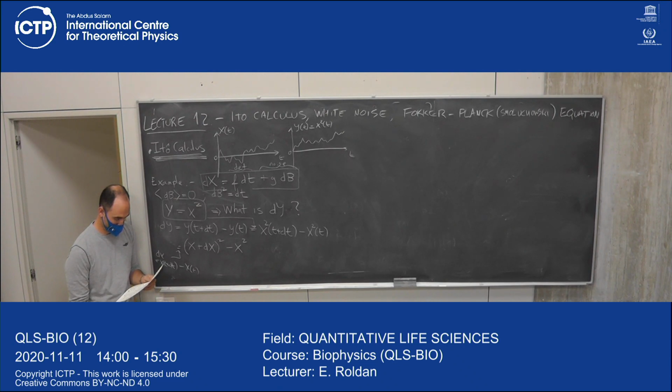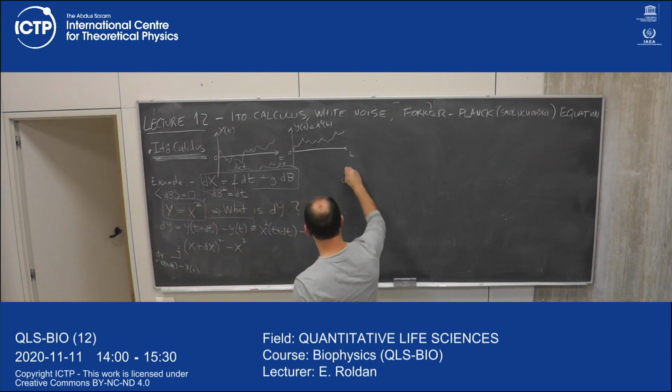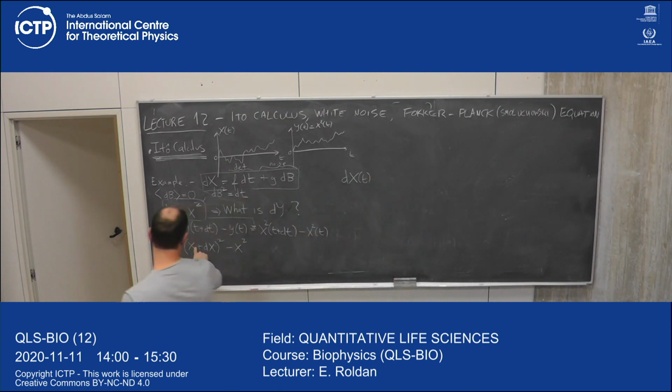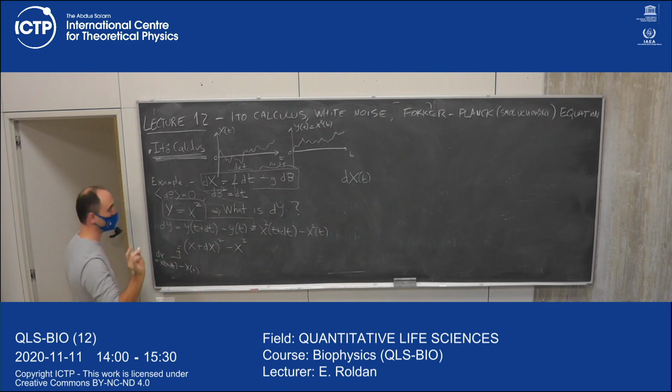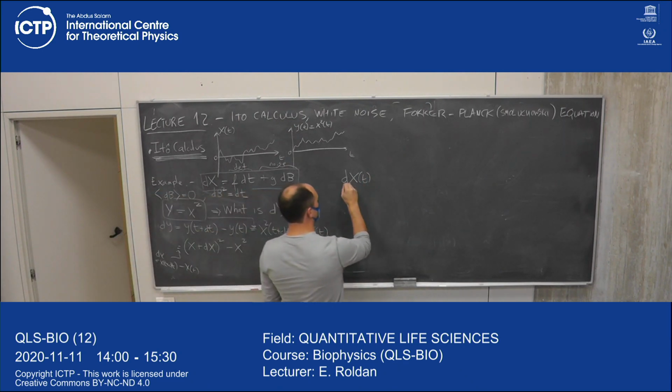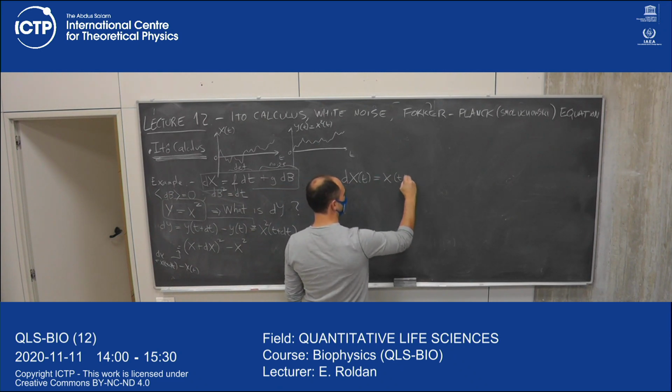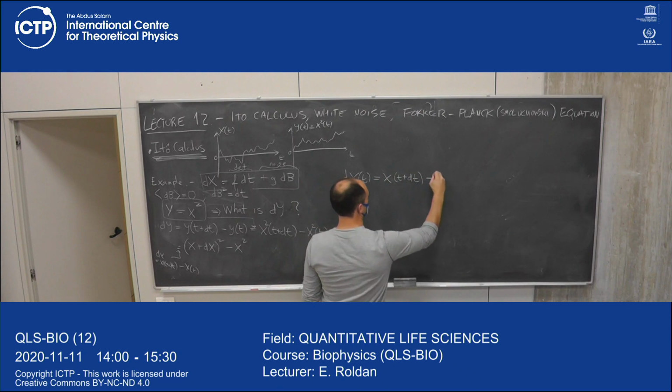I used the fact that dx, that is dx at t. All this should have a t, but I am simplifying the notation. dx at t is the difference of x: x at t plus dt minus x at t.